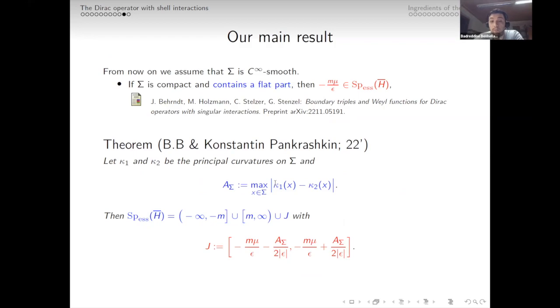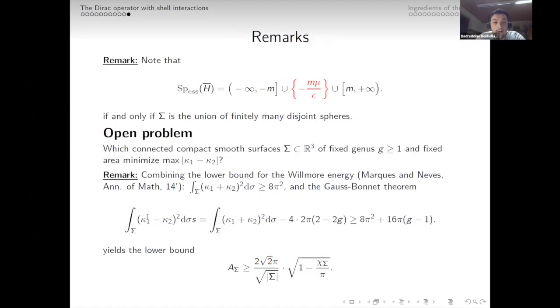Moreover, notice that we can always manage to have a surface such that this quantity blows up, and therefore we can always find a surface such that the essential spectrum is the full real line.